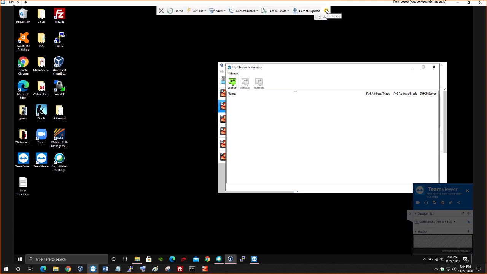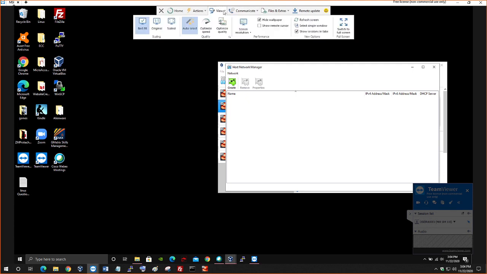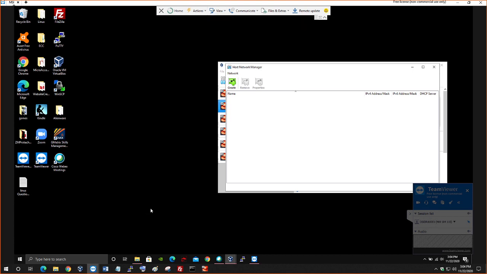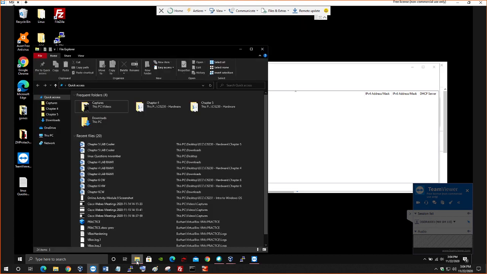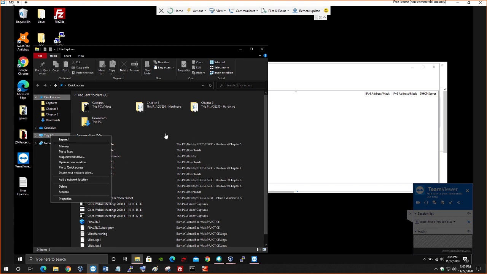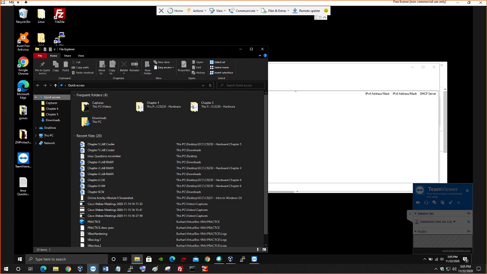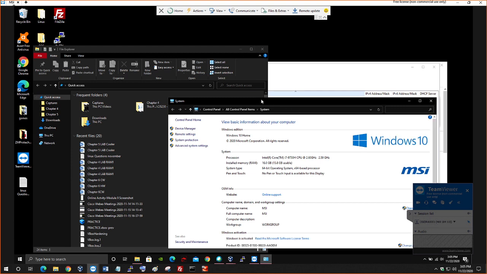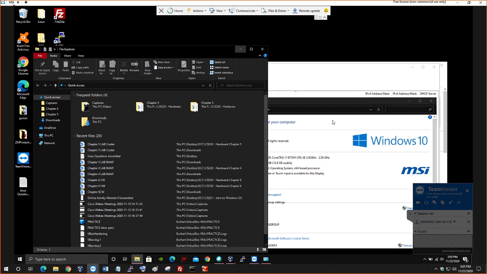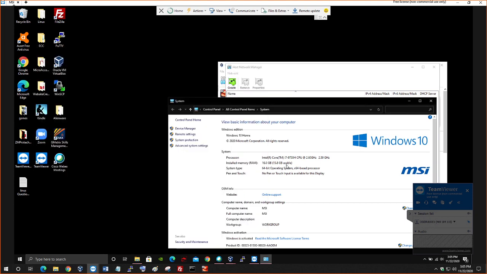Are you able to go in? Okay, now it's up here. So what I'm going to do is right click here, properties. Can you minimize that window on the top?